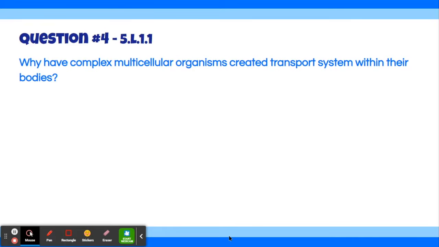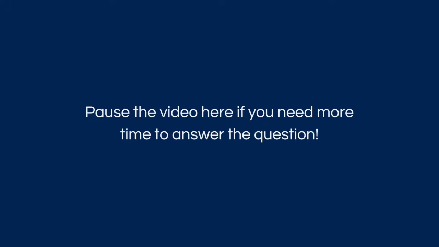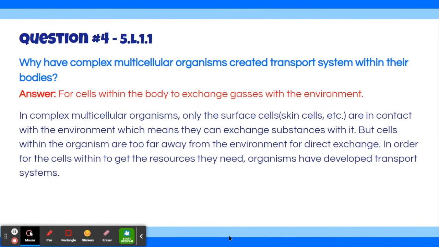Question number 4. Why have complex multicellular organisms created transport systems within their bodies? Well, they want cells within the body to exchange gases with the environment, so they had to develop these transport systems.